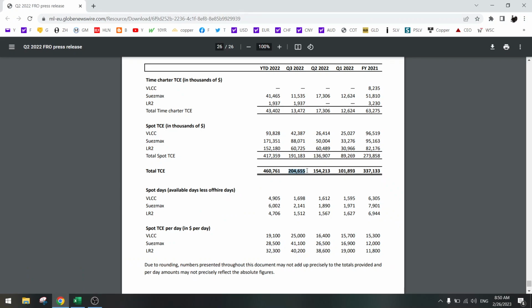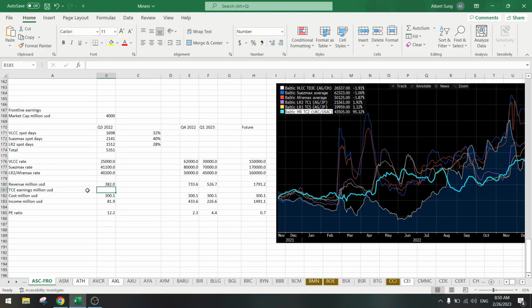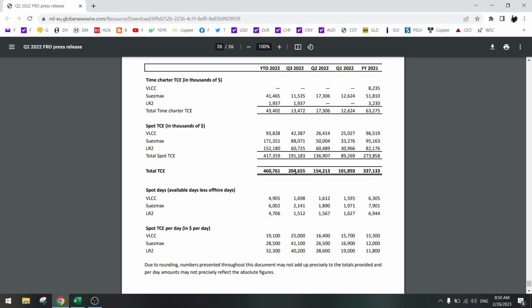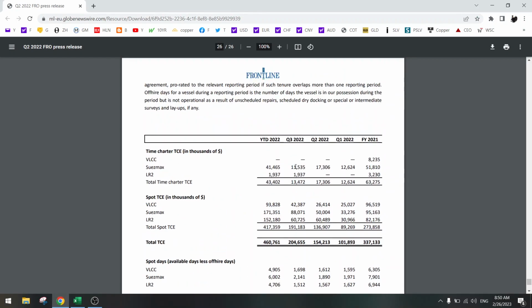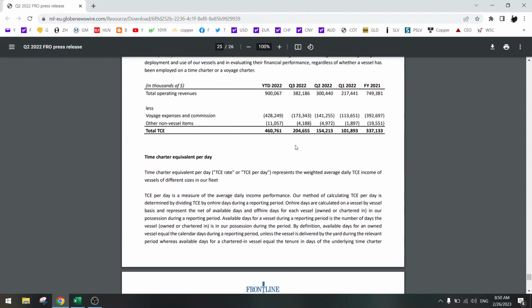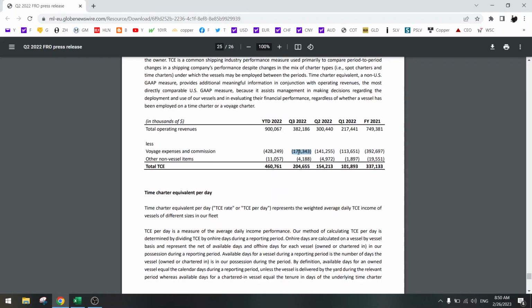Easy, that's this number, 205. Now, what was the cost? The cost is lower because we deducted the voyage expenses, about 173.